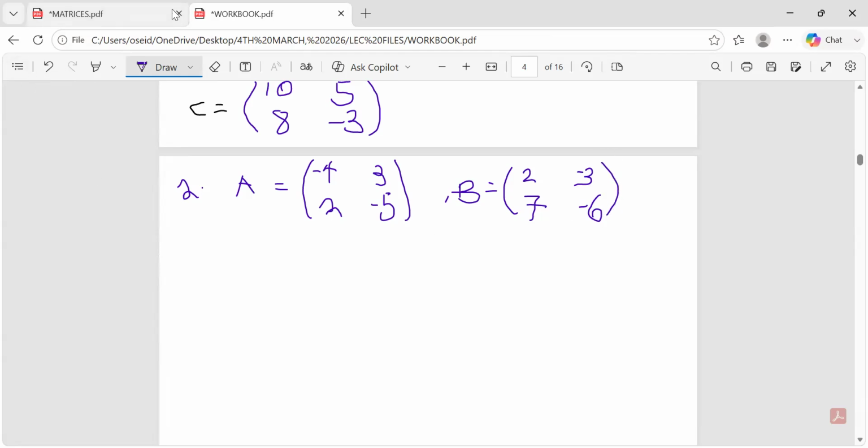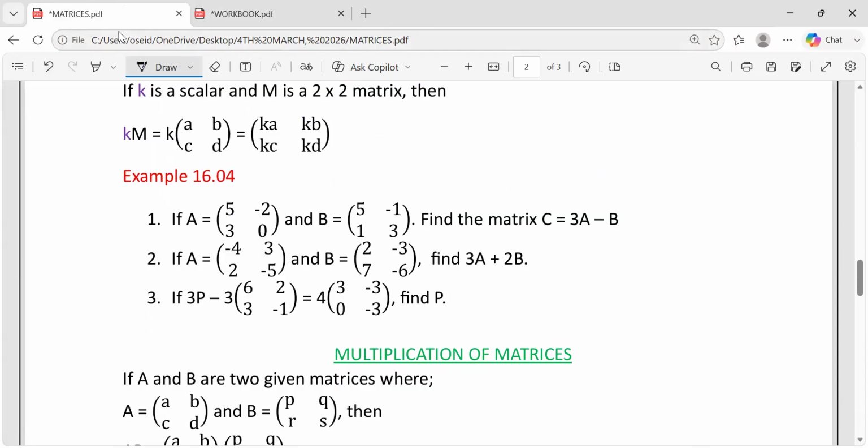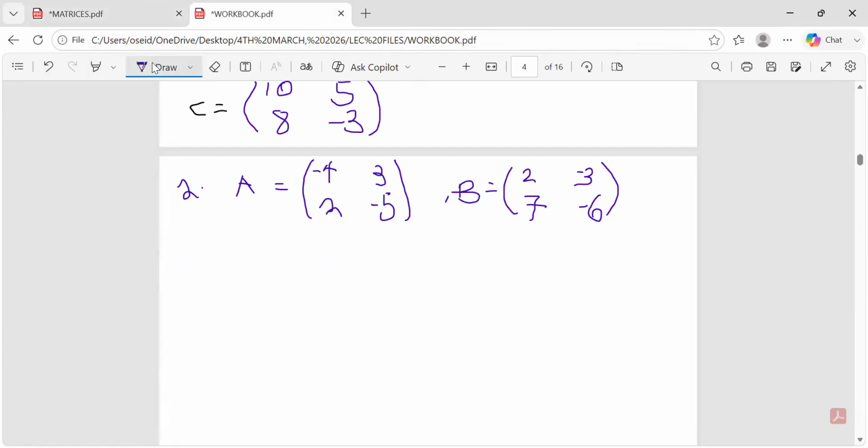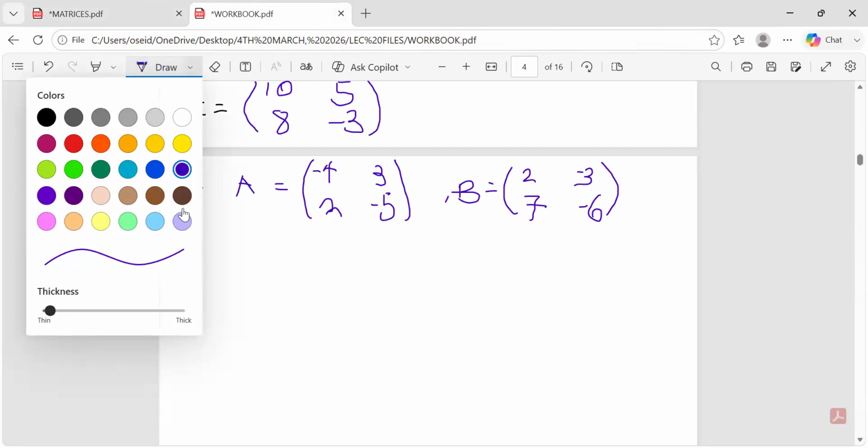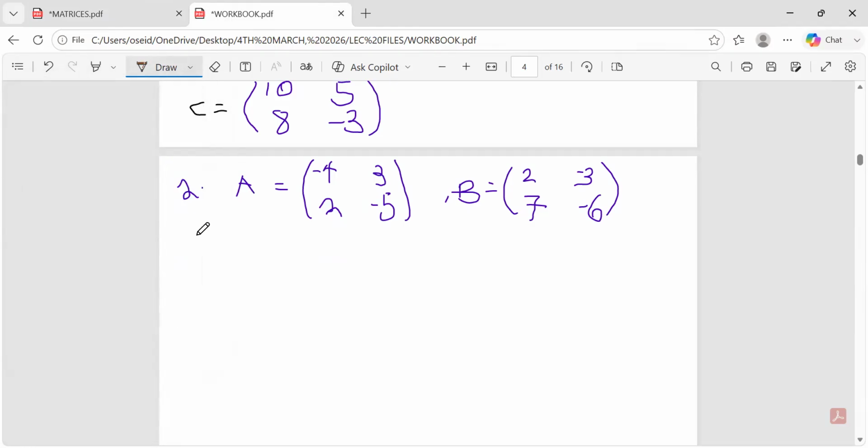If you have any question, you insert it into the comment box. So what are we finding? We are finding 3A plus 2B.